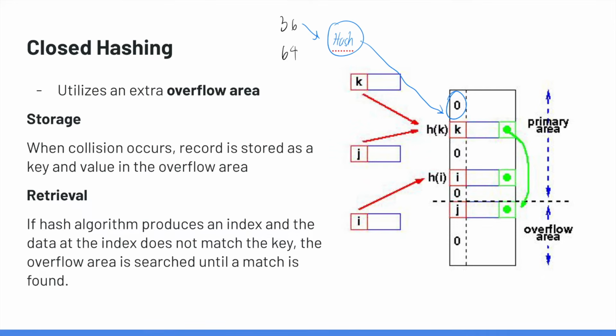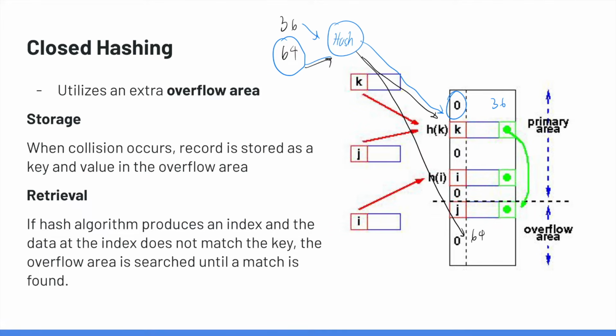So then we could just store 36 right here. But let's say 64 also produces 0. So it goes to our hash algorithm and we also get 0. That means that 64, that key and data, is instead going to go to our overflow area. So we'll have 64 and then whatever data is represented.